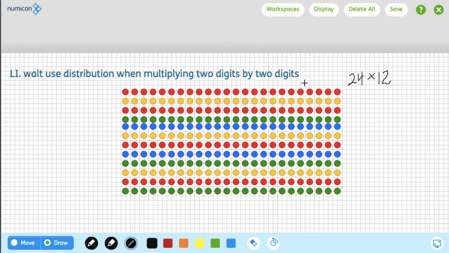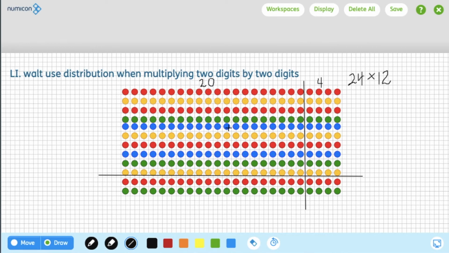I'd split the 24 into two sections, so I'd have 20 on this side and 4 on this side. All right. But again, 20 times 12 is still quite a daunting number to have, and so I would maybe split it again. So I'd split it into a 10 and a 2 this way.